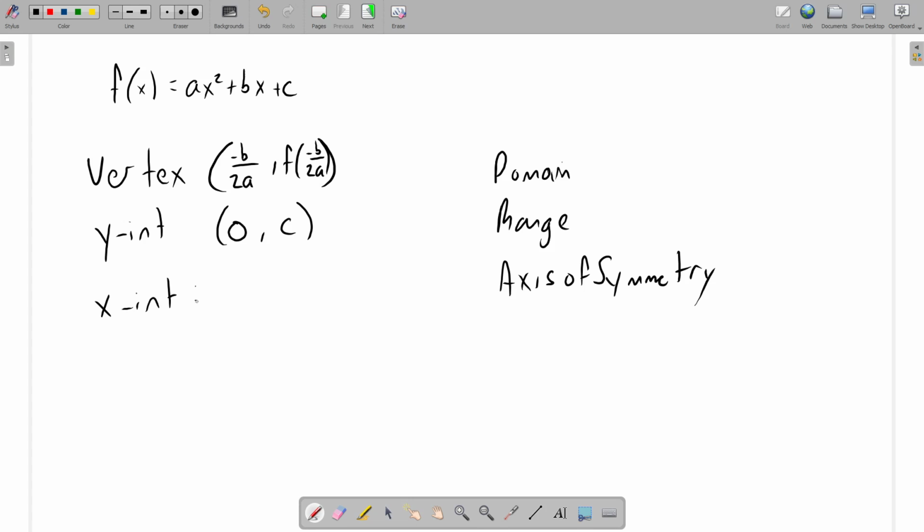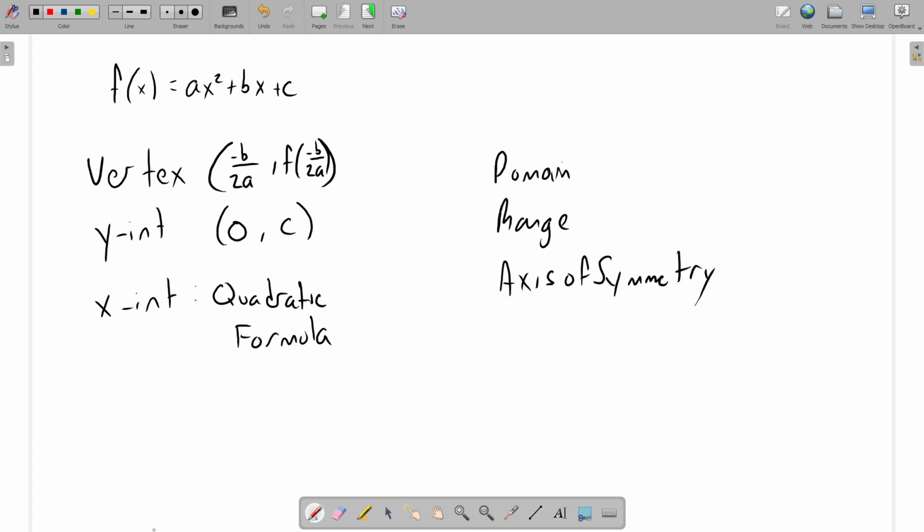X-intercepts, we can solve for this a number of ways. The way that I would recommend that you solve for this, because this is in standard form, is to use the quadratic formula. And that'll tell you where your x-intercepts are.